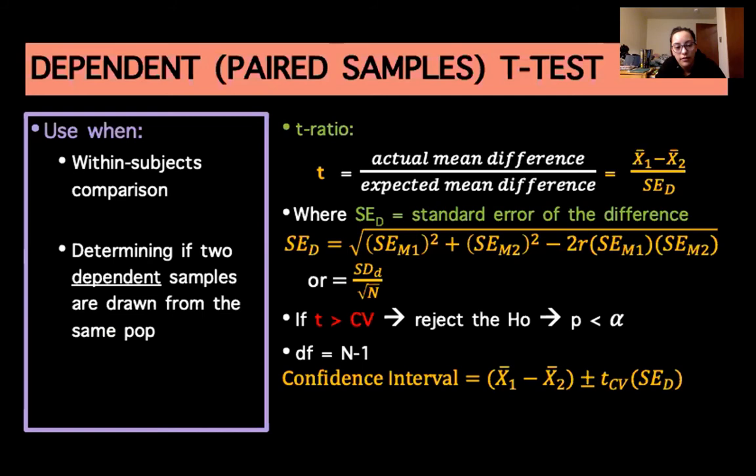The confidence interval would tell us the true mean difference between these two samples projected onto a population. So same interpretation as an independent t-test, just slightly different ways to calculate things.